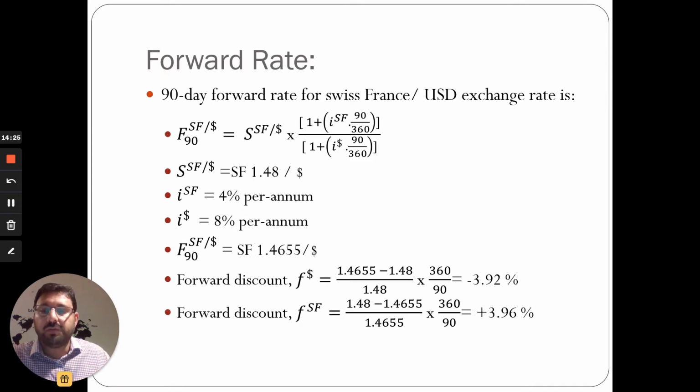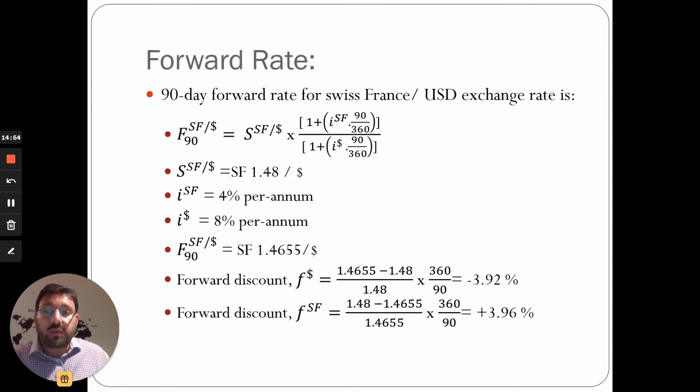So today, if it's say 1st November 2020, after 90 days, it is the 31st January 2021.